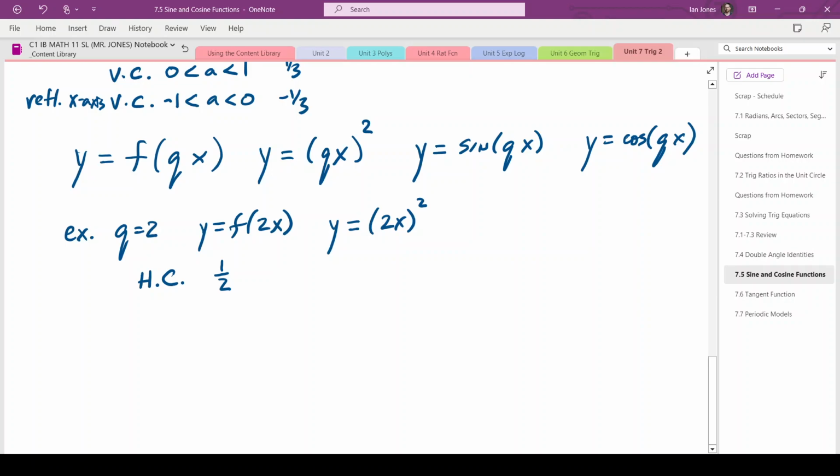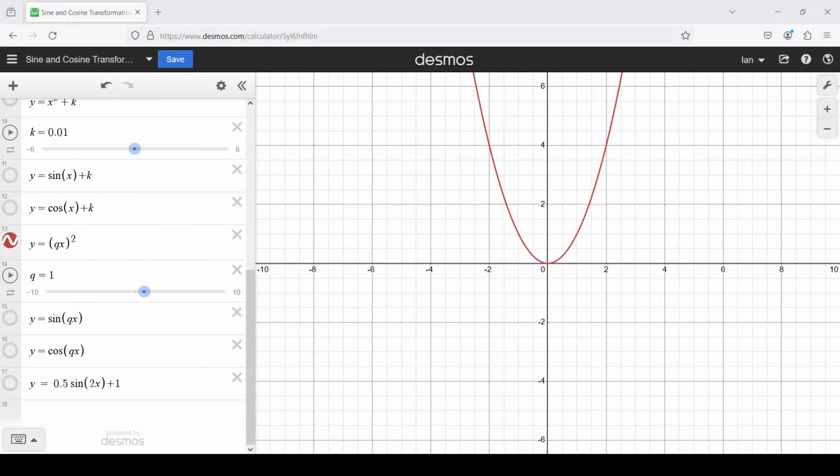Okay? So you have to be a little bit careful. It's going to be a compression because we take 1 over q as the factor that we multiply all of the x's by. And because this value is between 0 and 1, it's a compression. That's the reason that it's a compression, because the value of 1 over q is between 0 and 1. Okay, let's take a quick look at this and see it in action.